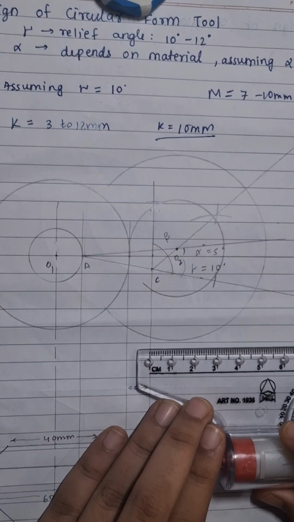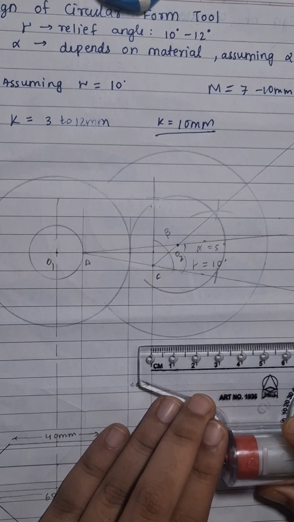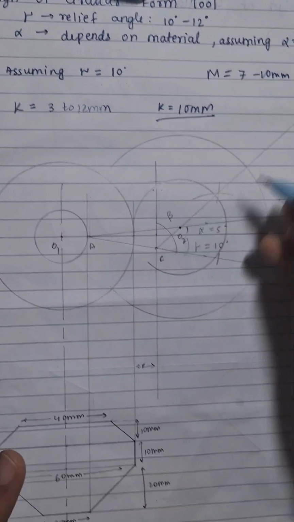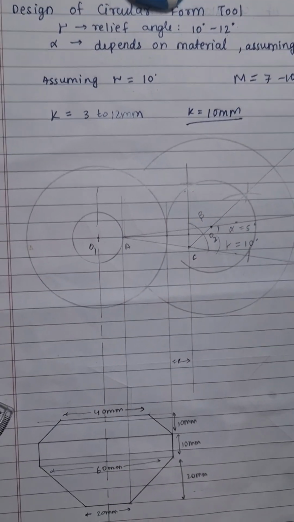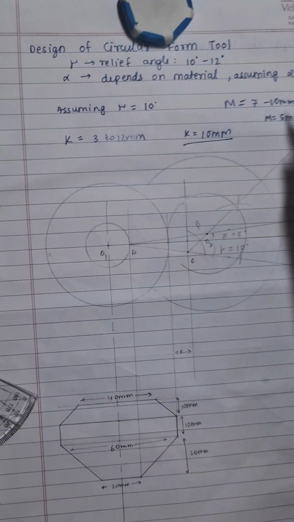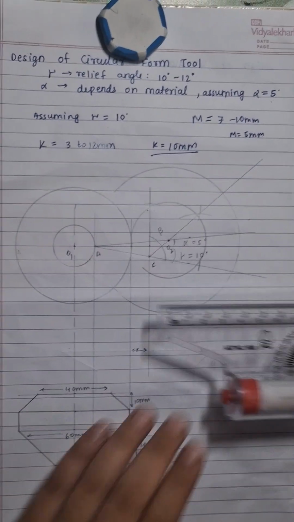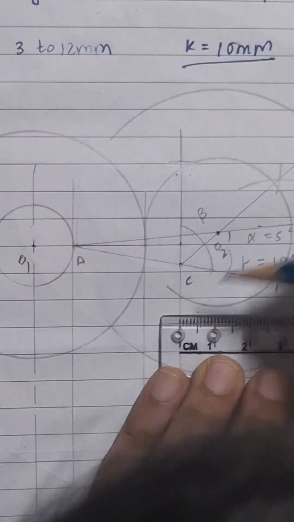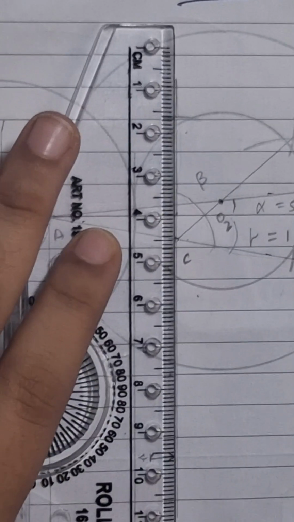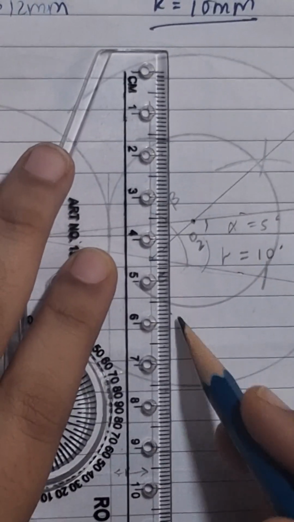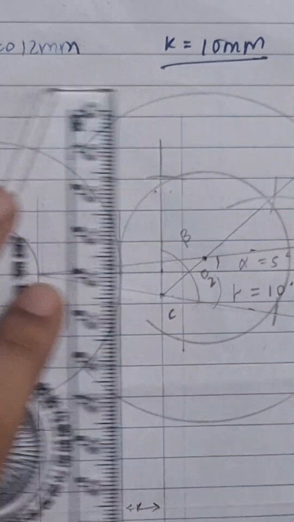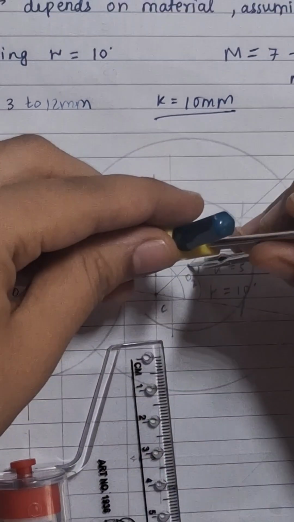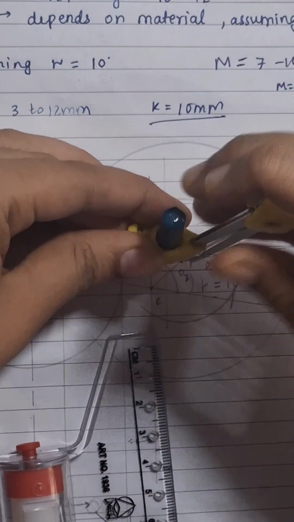Yes, because the radius will be smaller, I am assuming it to be 5 mm, but it is supposed to be from this range. So we take 5 mm. Again, from here you will draw a small radius.